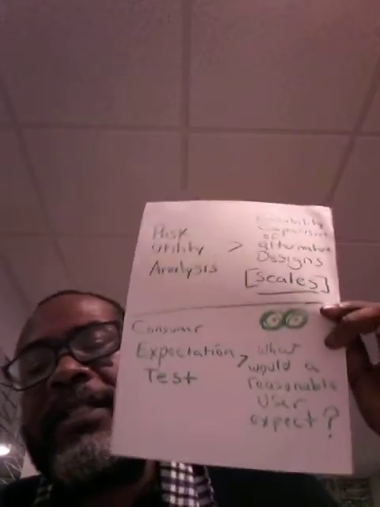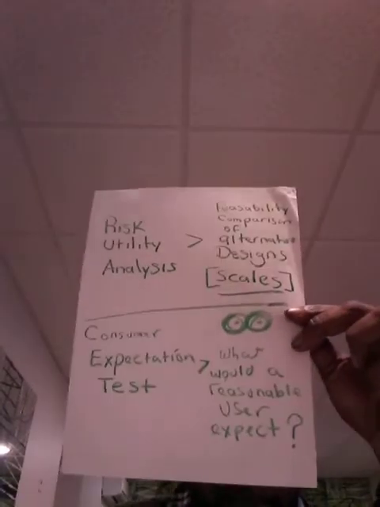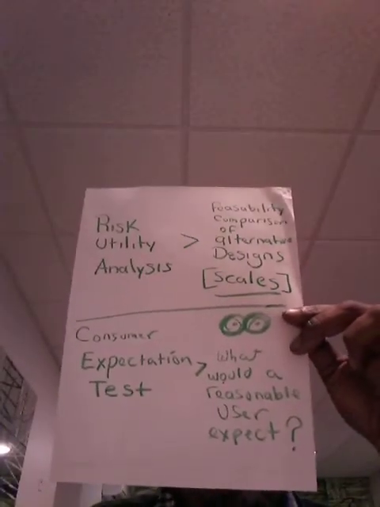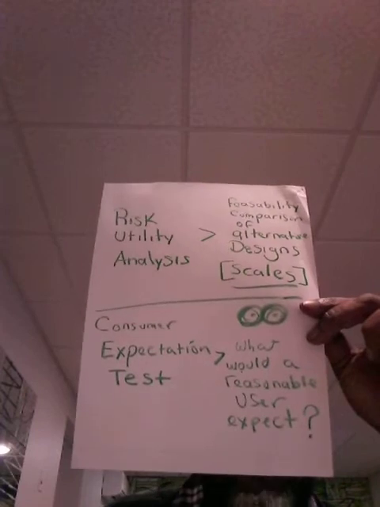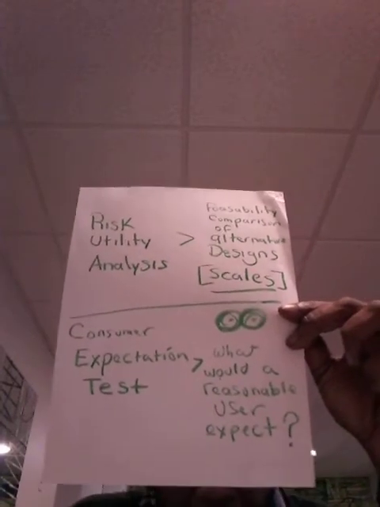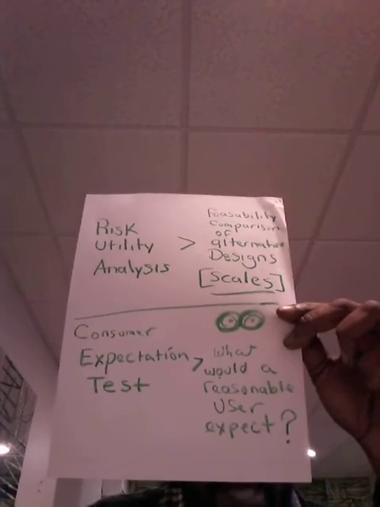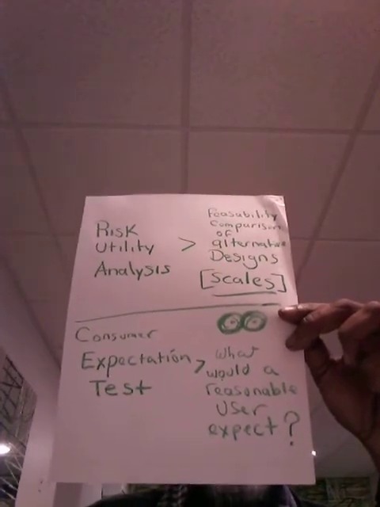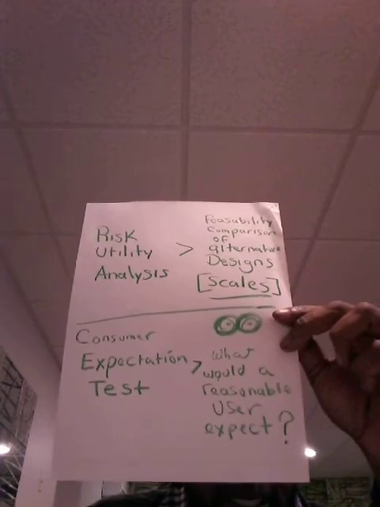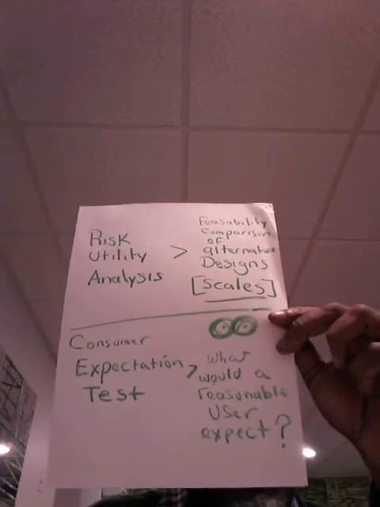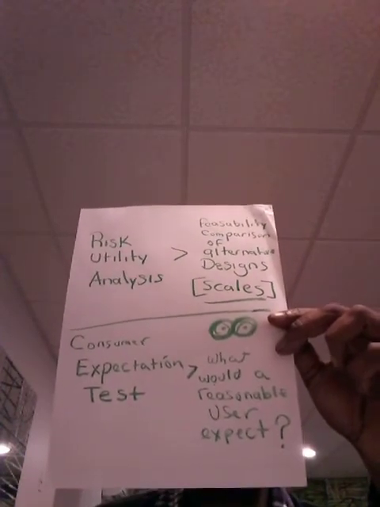With the design defect, we have two main tests that we use. One of them is known as the risk utility analysis. This is what we were introduced to in Riley versus Ford Motor Company, which you may want to take another look at. It is case 5.2, right? So this is, in fact, an economic analysis. It is intended to get at the relative worth of two alternative designs.